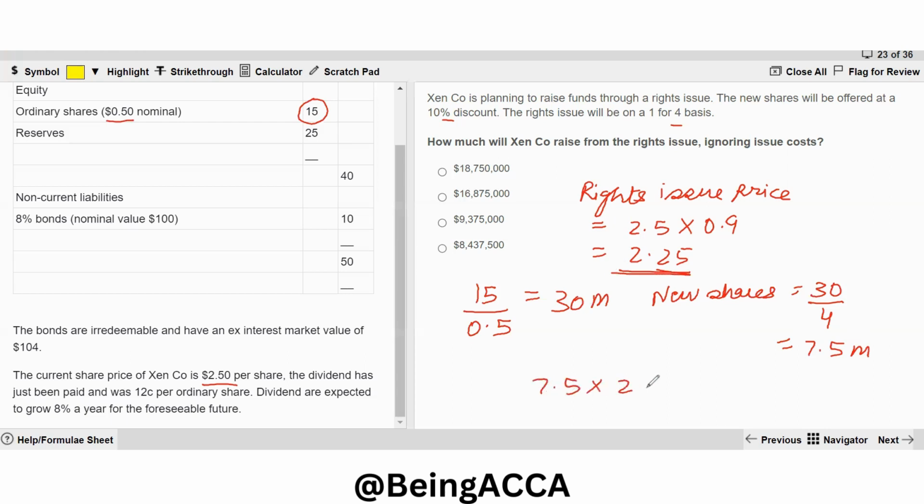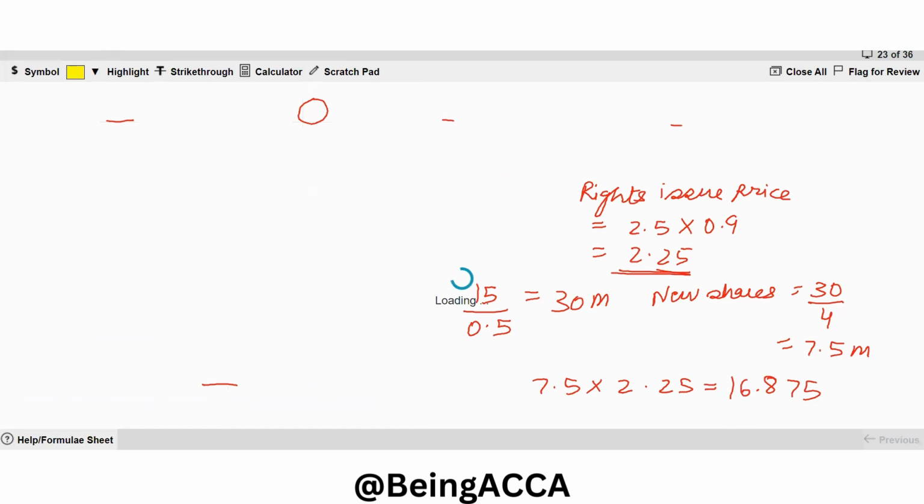So 7.5 multiplied by 2.25 gives my answer as 16.875, and this is in millions. So I get my answer as option 2, which is 16,875,000. I will just move on to the next one now.